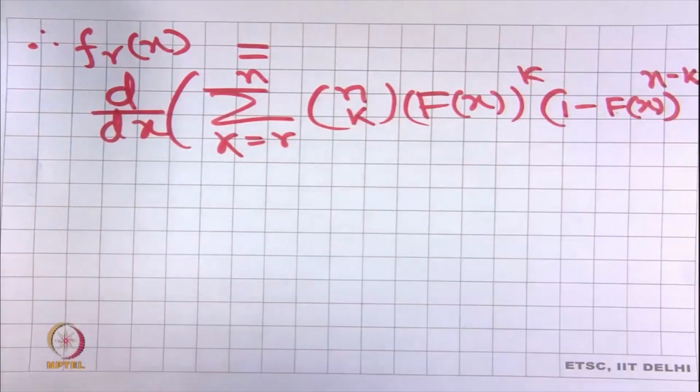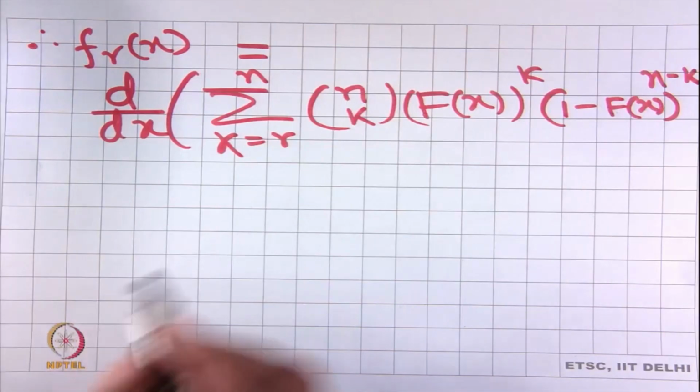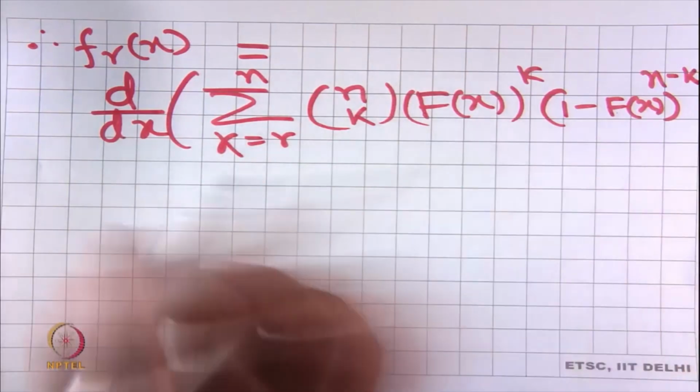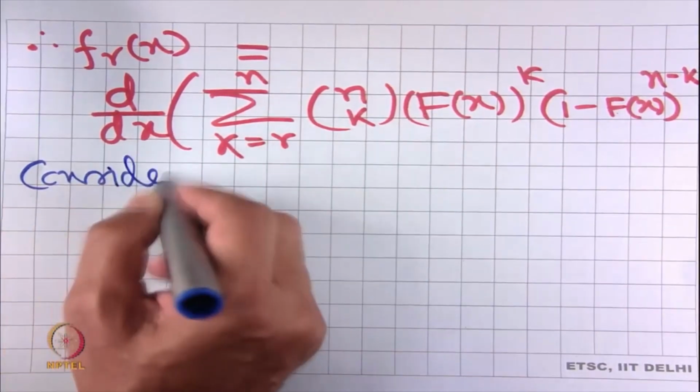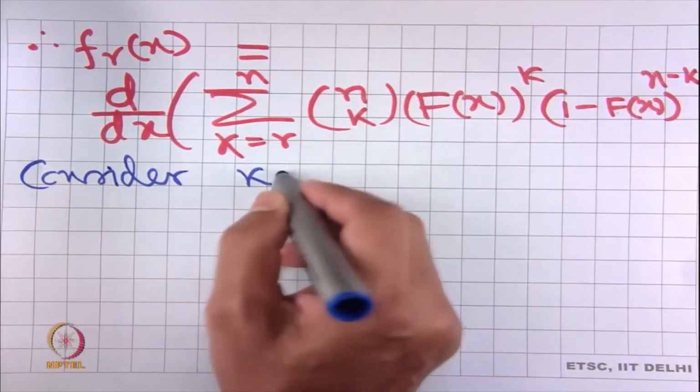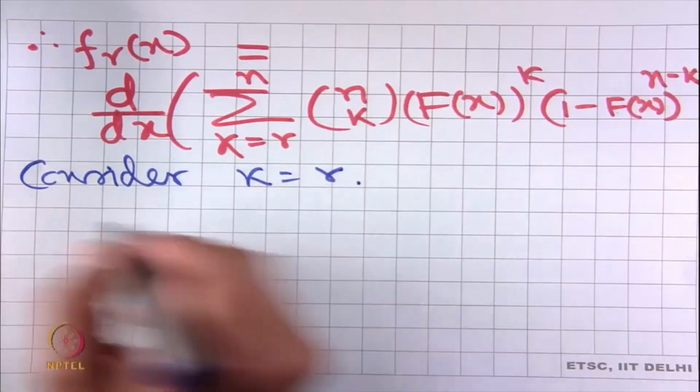Since this is a summation, we can differentiate term by term. So, consider k is equal to r.